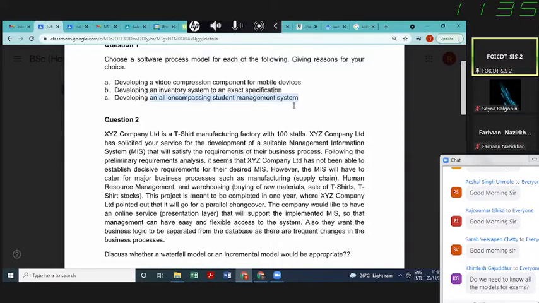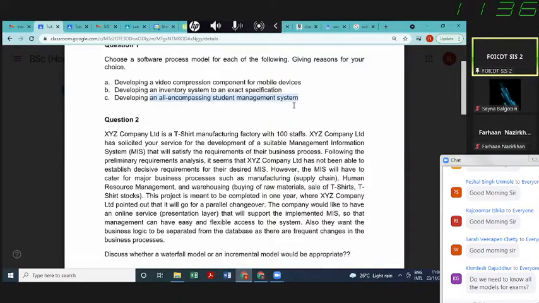Spiral, I don't really think so, because the focus is on not taking 5 years, like one of your friends mentioned, to come up with such a system. It has to be done in terms of releases, in terms of increments. I'm not really convinced for Spiral.